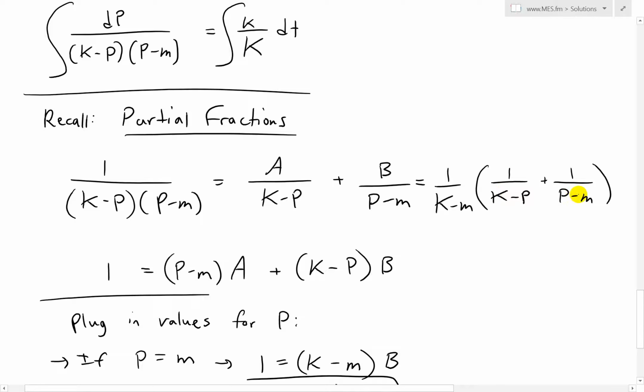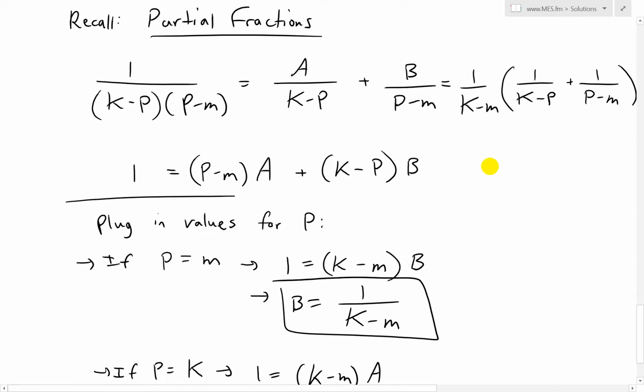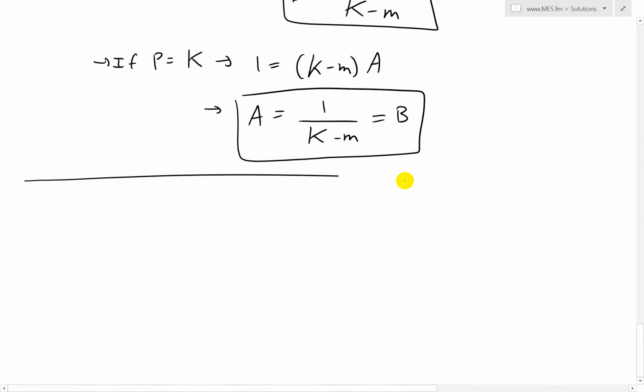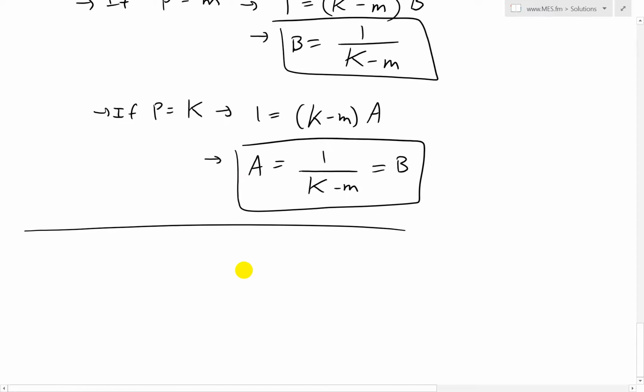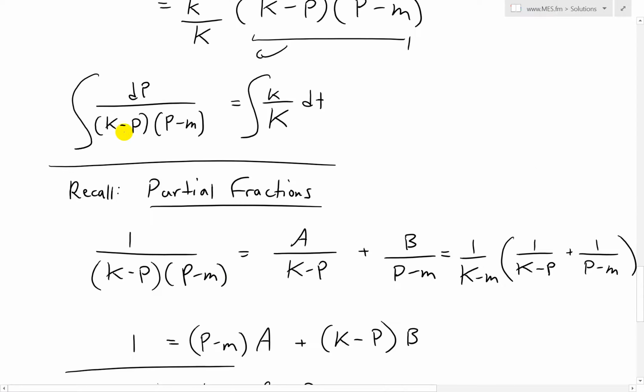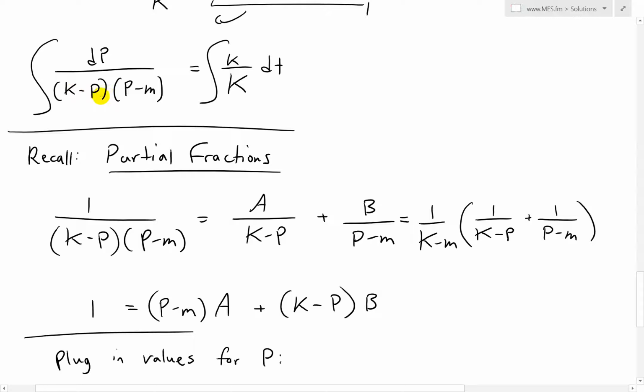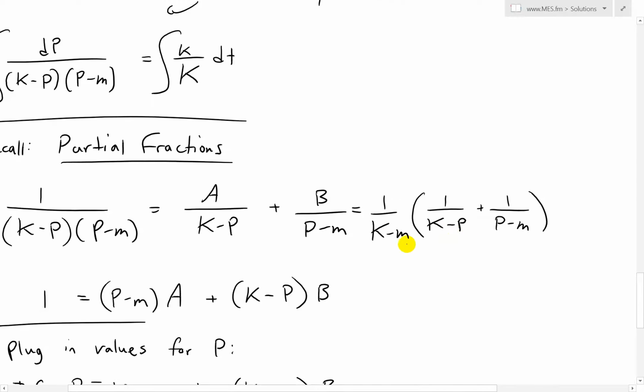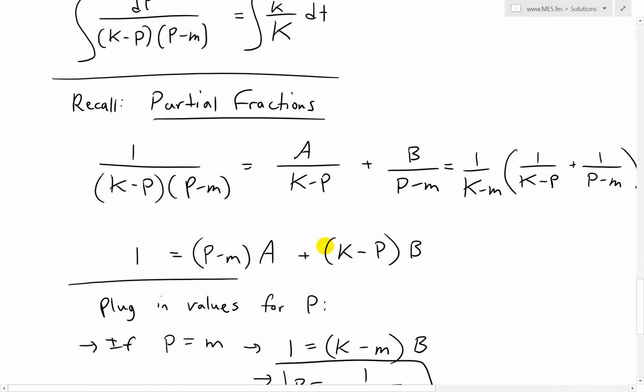The integral of each of these individually is a logarithmic function. So what we end up getting now is our integral, and I'll write this down. This integral right here, we could replace with partial fractions like that, and then this is a constant.